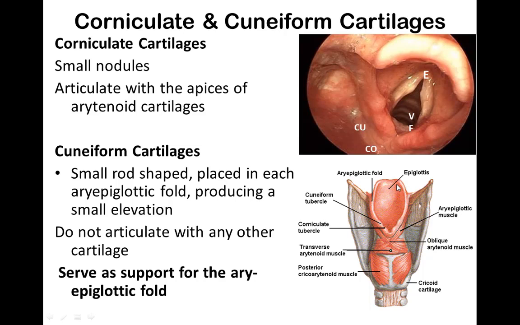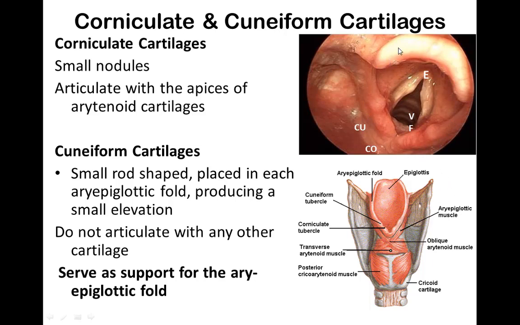So this is the epiglottis, and this is the arytenoid at this side. So we have a fold here, which is known as the epiglottic fold, and we can see these small nodules, which are formed due to the presence of the cuneiform cartilage beneath it. So the cuneiform does not articulate with any other cartilage. It provides support to this epiglottic fold.